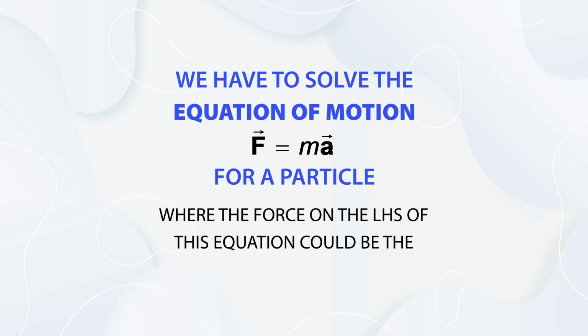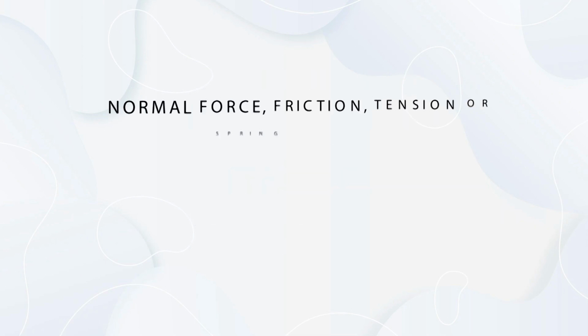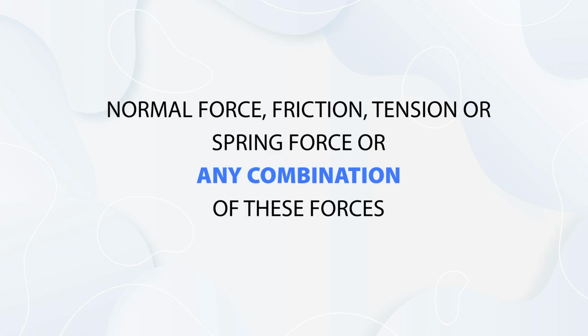So on the left hand side, depending on the types of forces acting on the particle, you have to write the expressions instead of F. If it's normal force, you have to write Fn. If it is friction, you have to write the force of friction, tension or spring force. I have already explained the expressions for each of these types of forces.